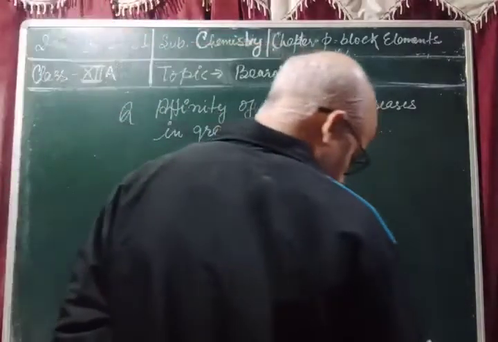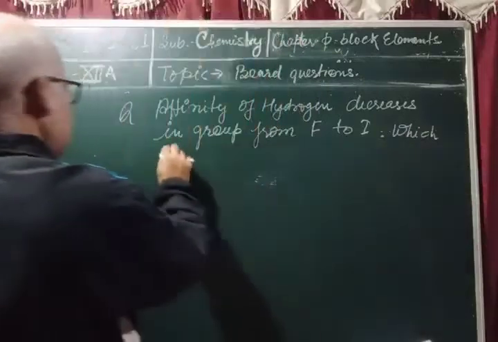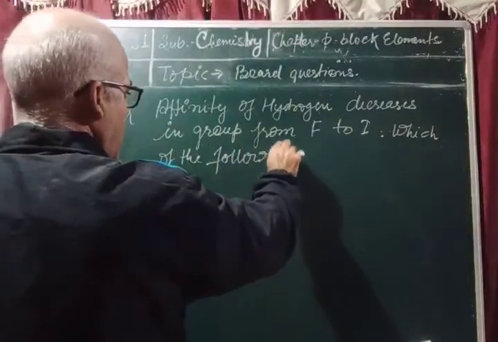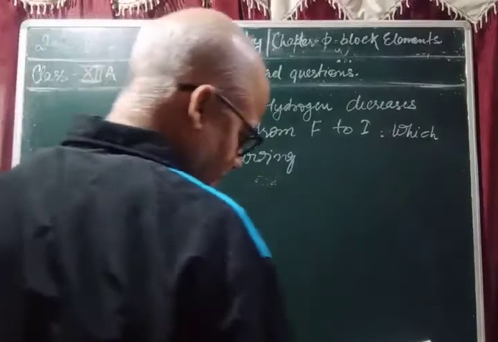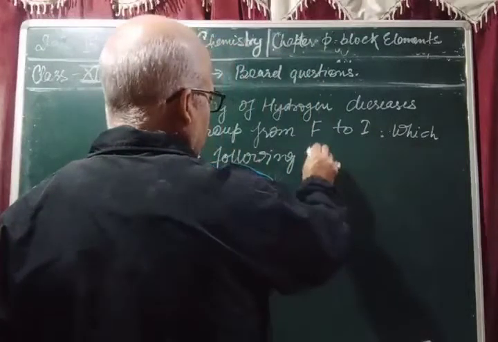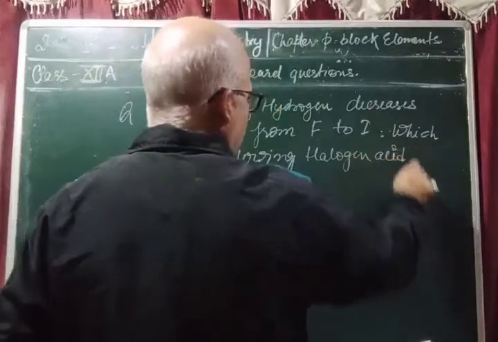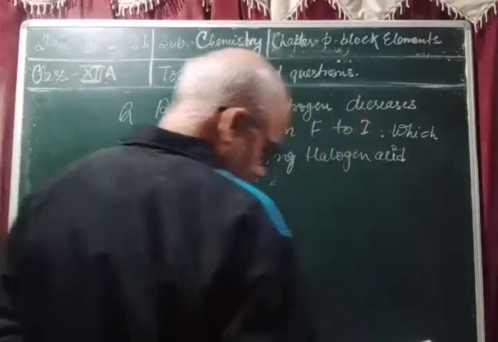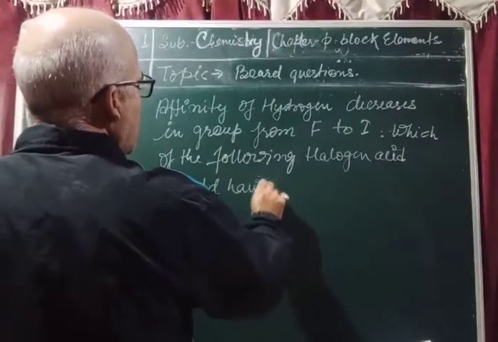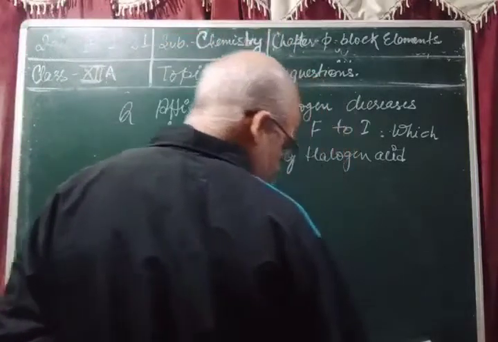Okay, which of the following halogen acid should have highest bond dissociation enthalpy?